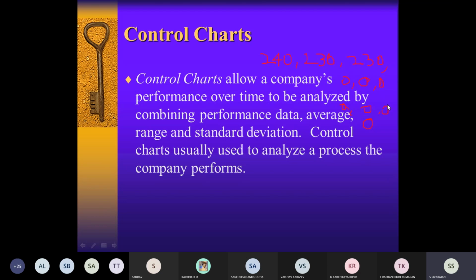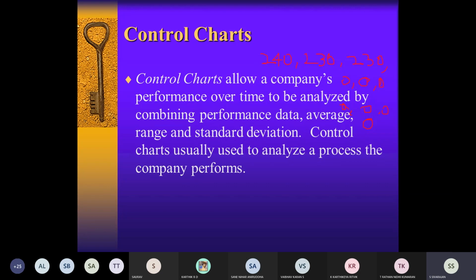The idea is whether he is a good batsman or not. You might have studied statistics: there is something called the average, or sometimes we use the word mean, then mode, median, range, and standard deviation.